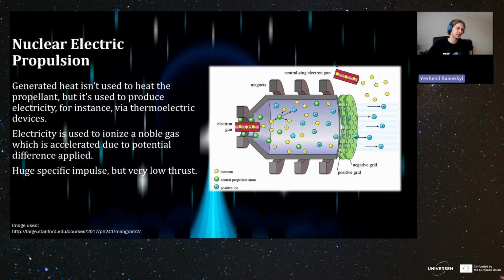In most cases, it's a noble gas, for example xenon or krypton, which is ionized. So you have positive ions here, and those ions are accelerated due to the potential difference, and this causes it to generate some thrust.